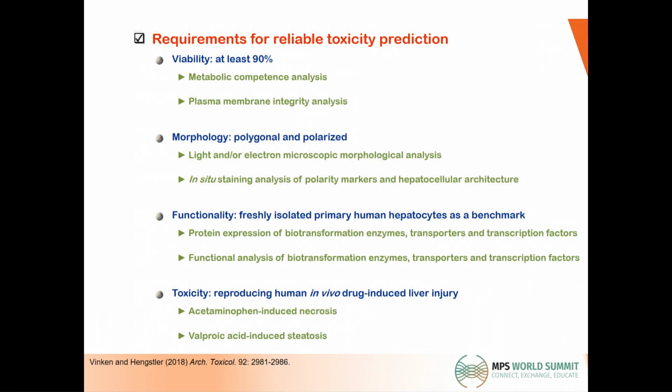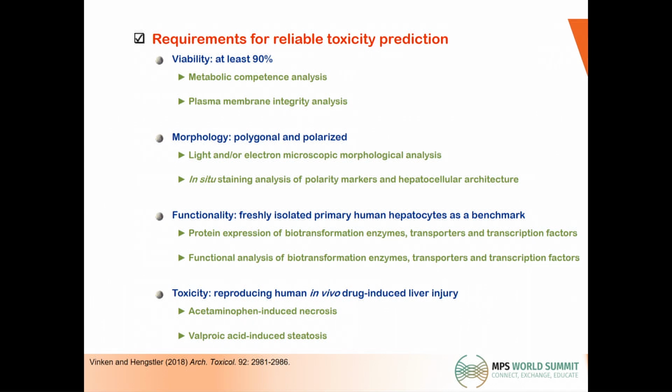That's why we really insist on, if you want to perform an expression analysis, do this at least at the protein level, so Western blotting or in situ staining, but especially perform functionality measurements. And if you really want to convince an in vitro toxicologist like me, what you need to do is also show that drug transporters and biotransformation enzymes are functionally inducible or can be inhibited.